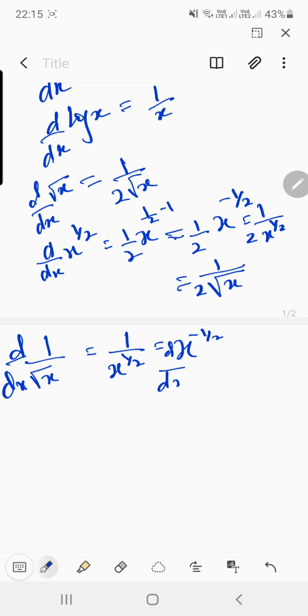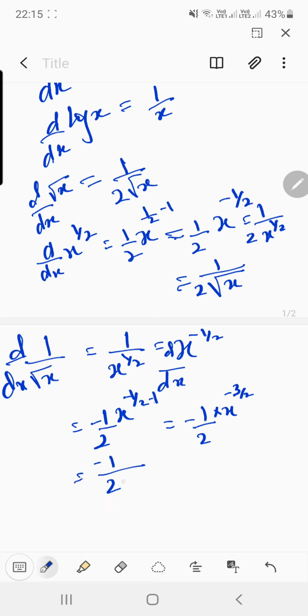So now when I have to differentiate this, minus 1 by 2 will come here, and then x to the power of minus 1 by 2 minus 1. You take LCM between 2 and 1. So what you get is minus 1 by 2 into x to the power minus 3 by 2, which will obviously be written as minus 1 by 2 x^(3/2).